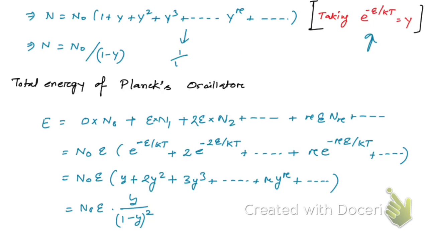Similarly, for y very less than 1, the sum of this series will be equal to y by, you see, if you have the series a plus 2a square plus 3a cube and so on, then this series is going to be equal to a by (1 minus a) whole to the power 2, for a very less than 1.